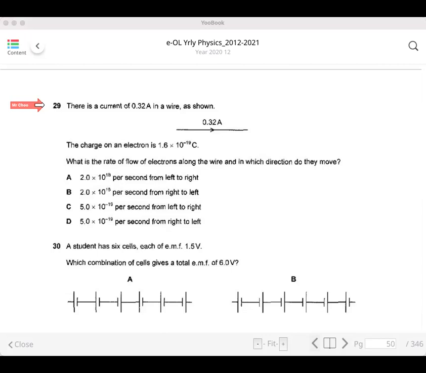Howry incorrect. Try again. Pei Kwan, well done.